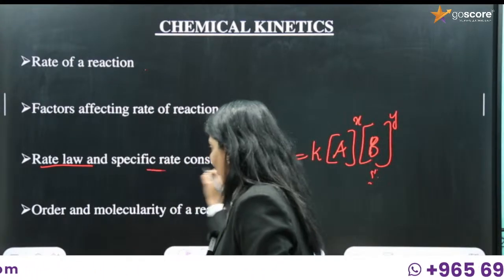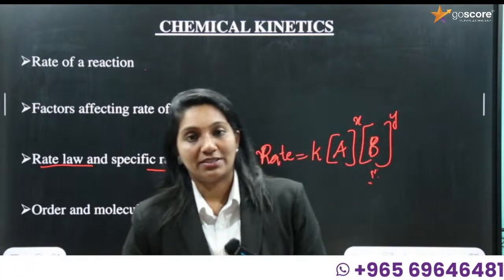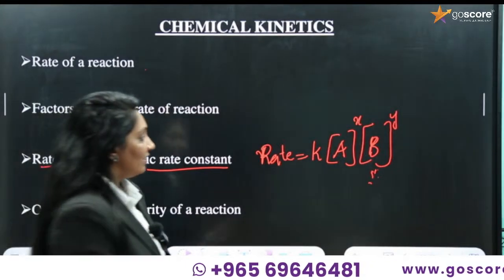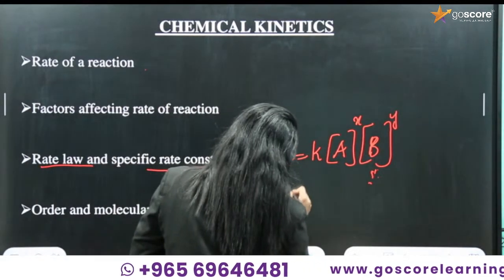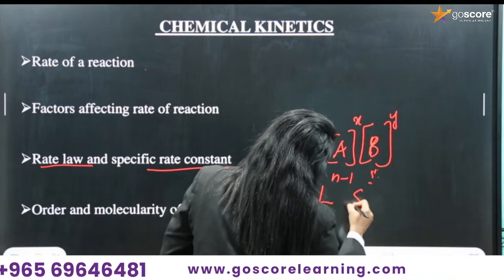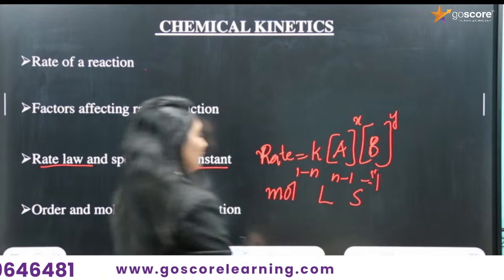And we found some trick for calculating the unit of rate constant, that is mole raised to 1 minus n, liter raised to n minus 1 and second inverse.